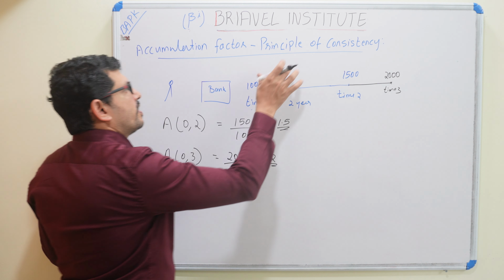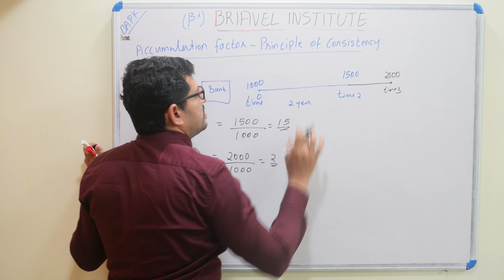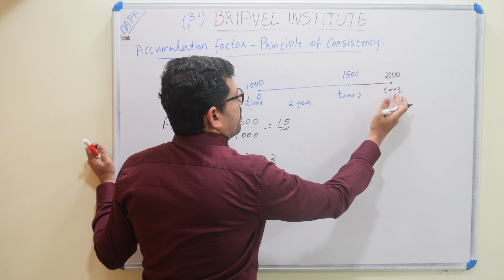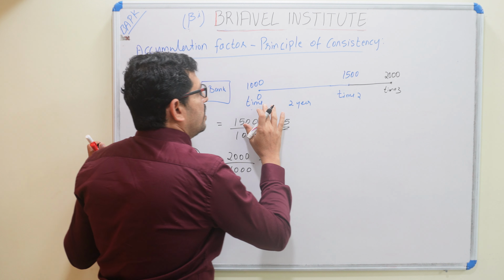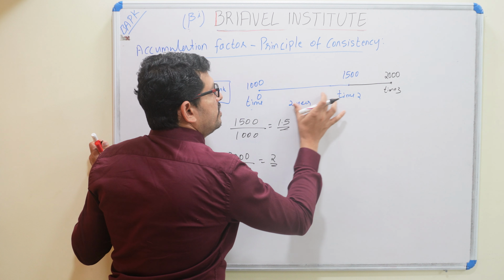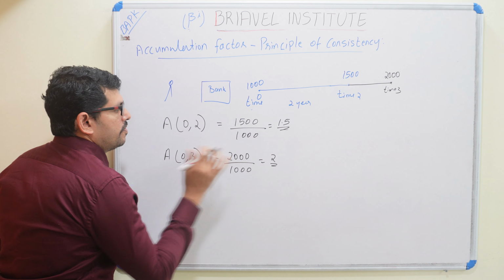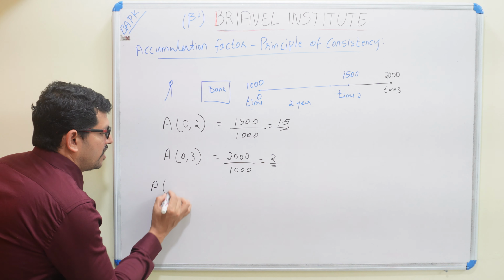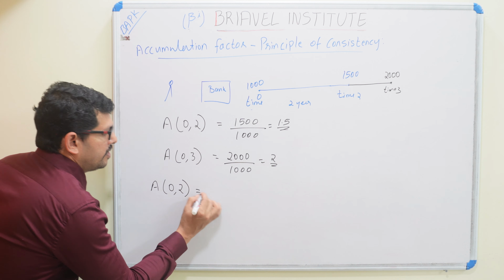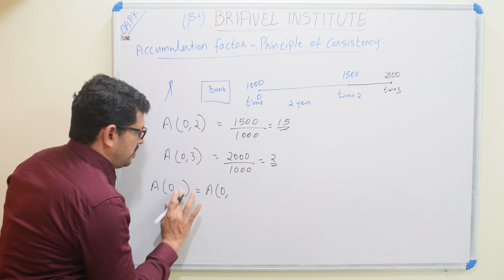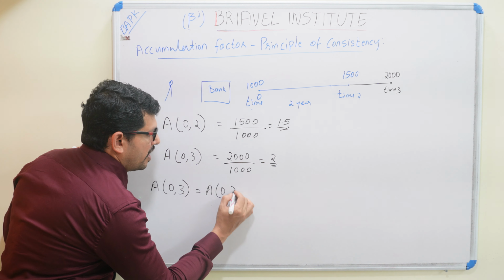The principle of consistency says that the accumulation from T0 to Tn is equivalent to the product of the individual accumulations. So A03, which is 2, is equivalent to A02 times A23.